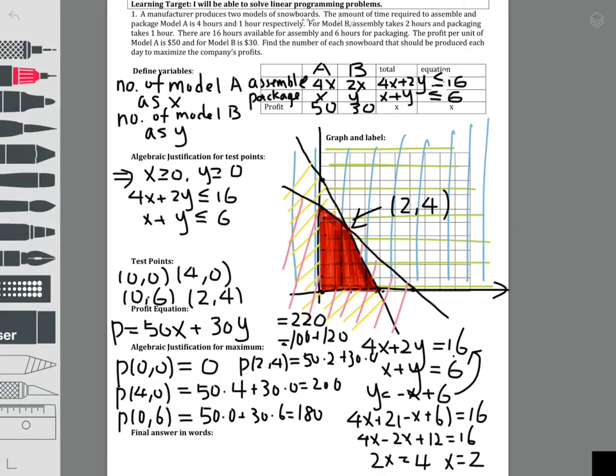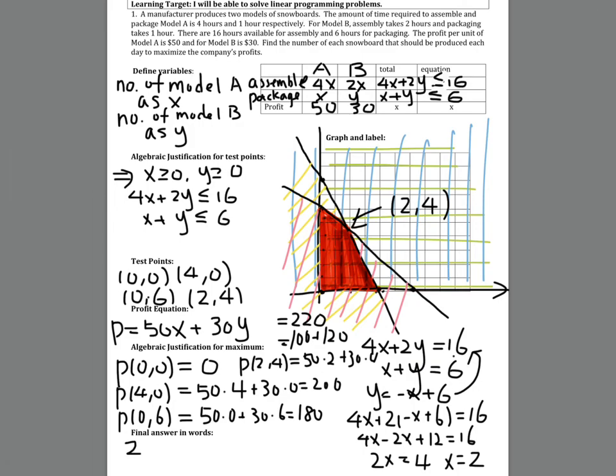So what would be our final answer in words? We calculate, plug it into each of the critical points, and we find when the company makes 2 model A and 4 model B, they will have the greatest profit of, don't forget to put down its profit, $220.